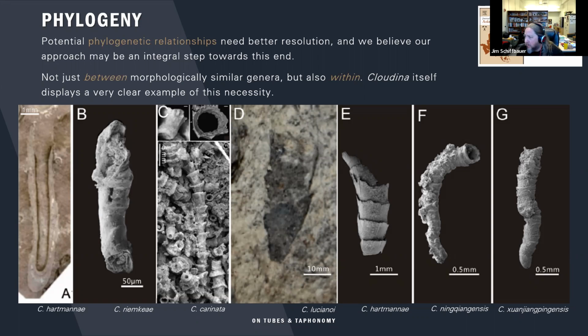If you just draw your eye to the scale bars in this figure, what you can see is, for example, Remkeae has a 50 micron scale, whereas Lucianoi and Carinata have millimeter scales. And these are large, 10 millimeters for Lucianoi, 5 millimeters for Carinata. So these are up to 2 orders of magnitude difference in scale that we're talking about with these tubes.